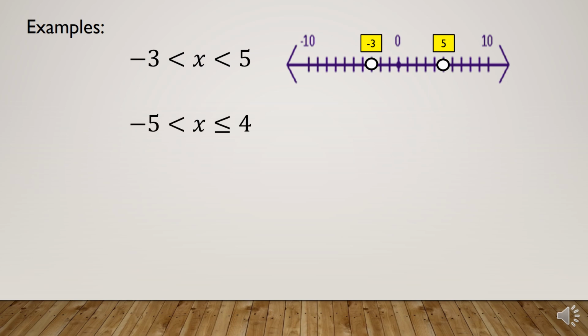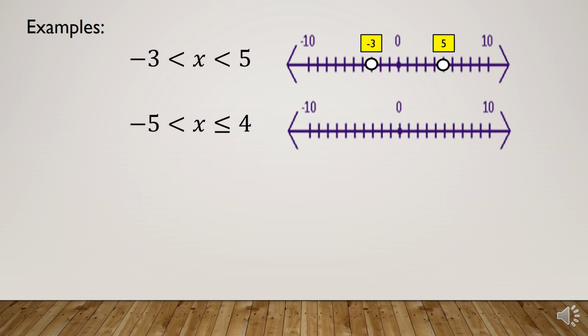Next interval, we have -5 is less than x, but x is less than or equal to 4. It means that -5 is not included, but 4 is included in the values of x. In plotting this on a real number line, let us start with -5. Since the inequality is less than, we will use an open circle.